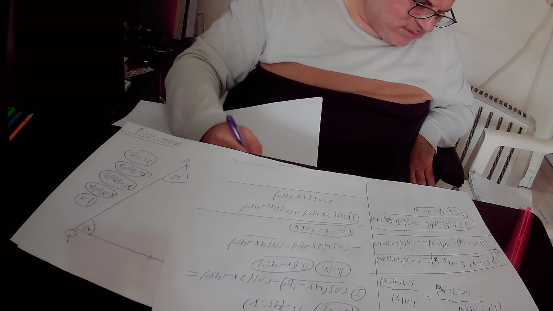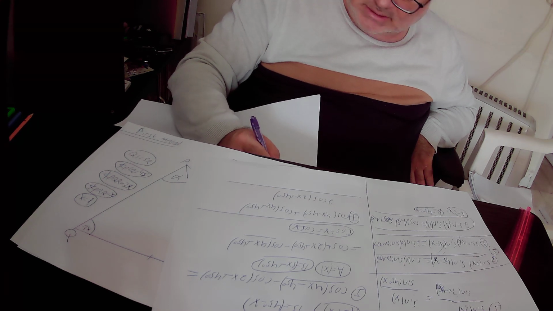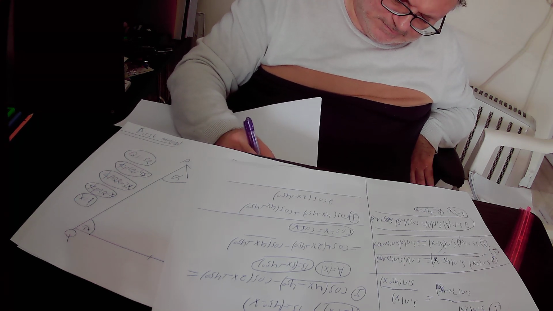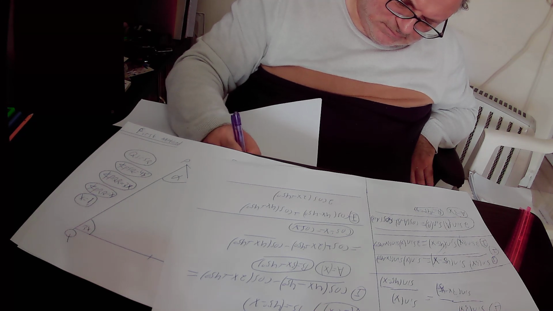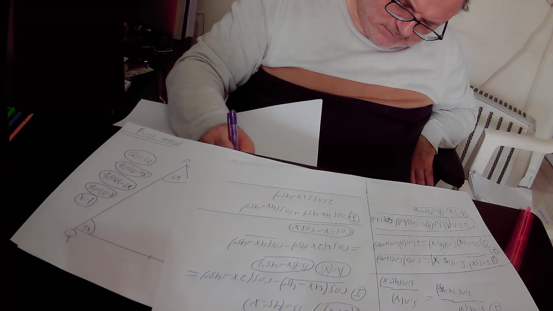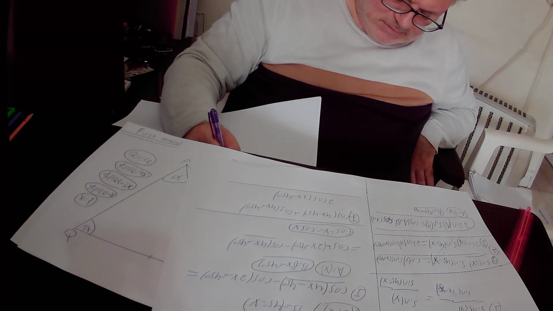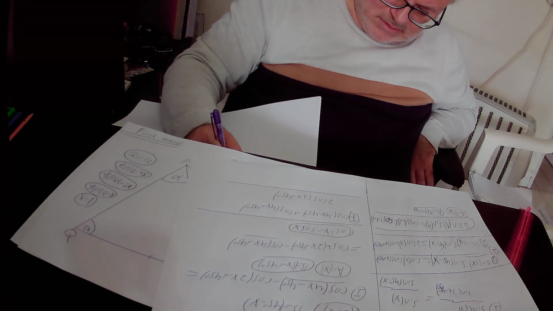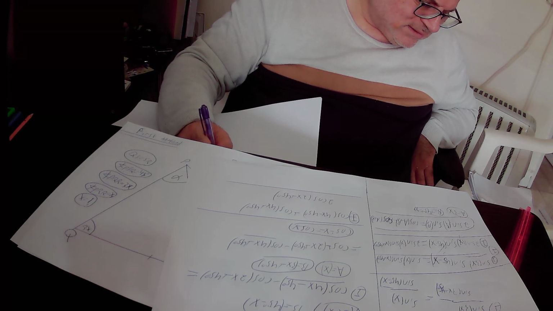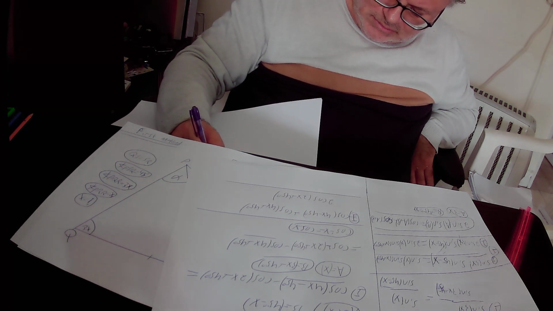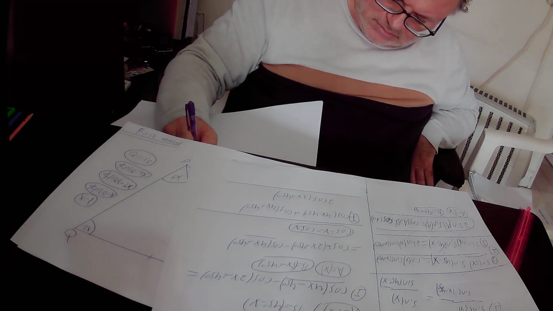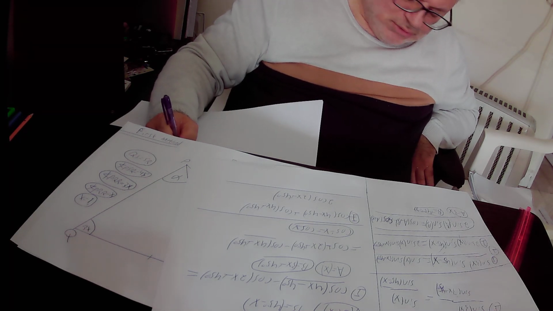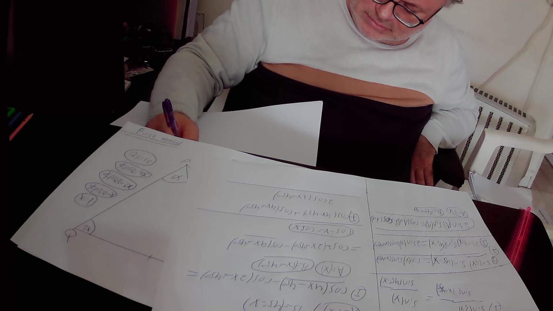It says that cosine c plus cosine d equals 2 cosine c plus d over 2 times cosine c minus d over 2.